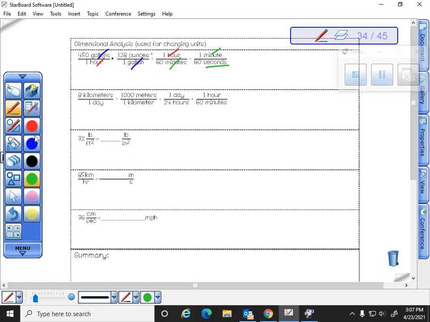So all I have to do is actually multiply the numbers together. 450, 128 times 1 times 1. And I will get an answer that will be 57,600 on top. And then 1 times 60 times 60, or 3,600 on the bottom. When I divide that out, I get 16. But remember, I have ounces over seconds.